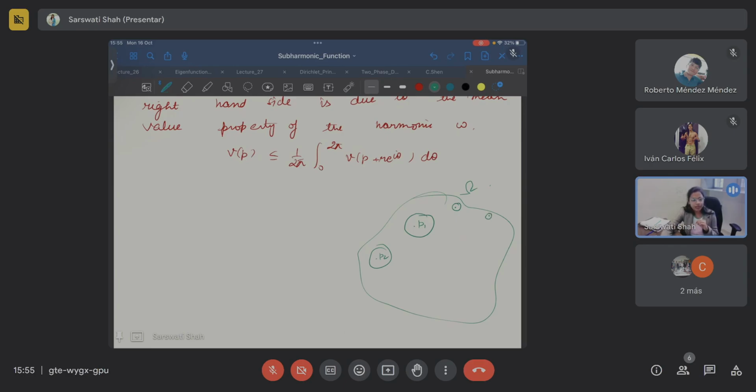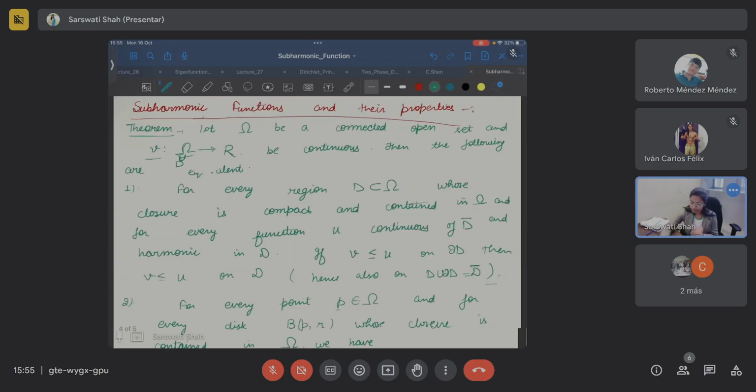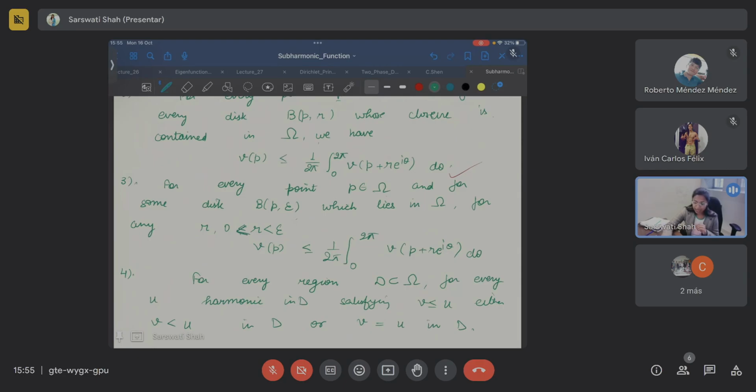So any point P chosen inside the domain omega in such a way that for every point P you are able to find a small radius epsilon, so that you can form a disk B(P, epsilon), which lies in the omega and also its closure lies in the omega. Then for this reason it is going to satisfy.